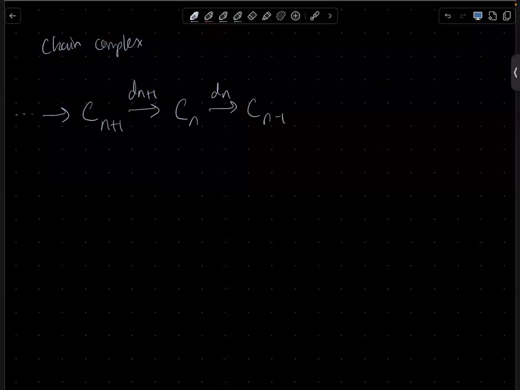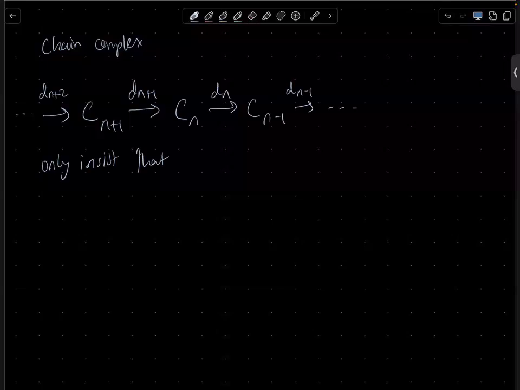Cn minus 1, this was Dn plus 2 back here, and then this on the right is Dn minus 1, and so on and so forth. We only insist that the composite of any two adjacent maps is 0.